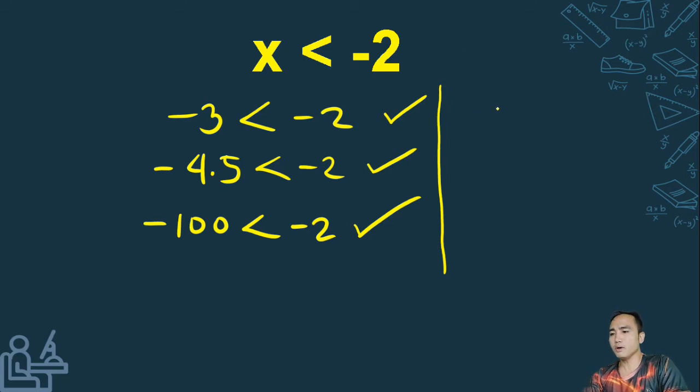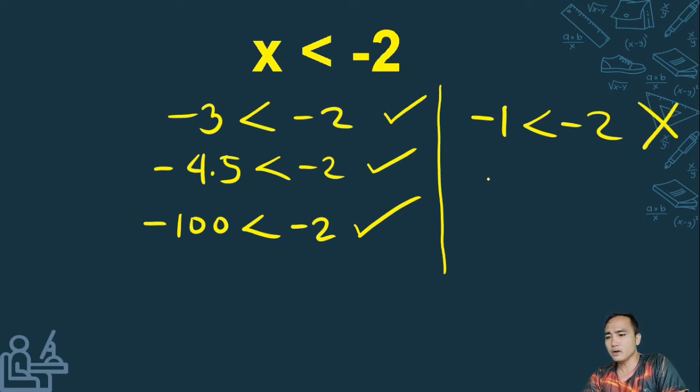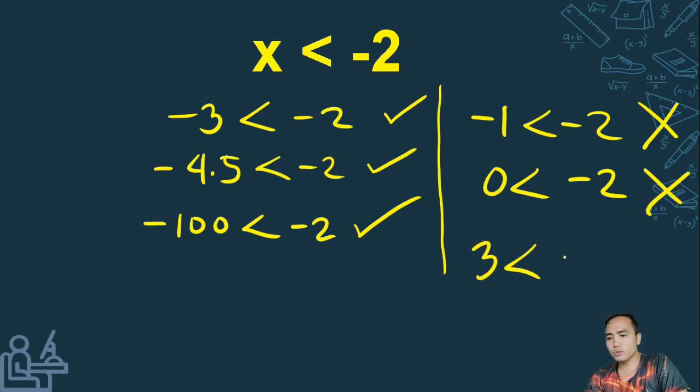For example, if our x is negative 1, negative 1 less than negative 2, that is wrong or false. 0 less than negative 2, false. 3 less than negative 2 is also false. So it is not possible to list all the solutions of x less than negative 2. However, a number line can be used to graph the solution set.